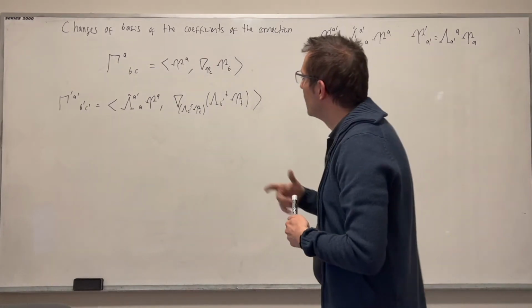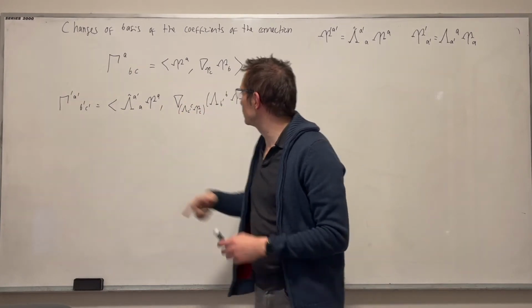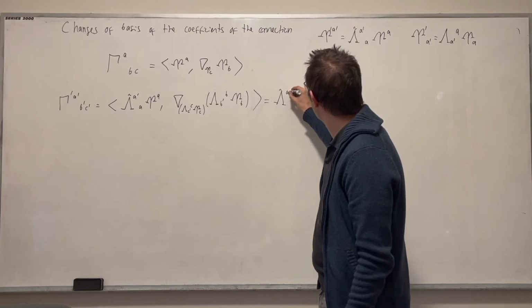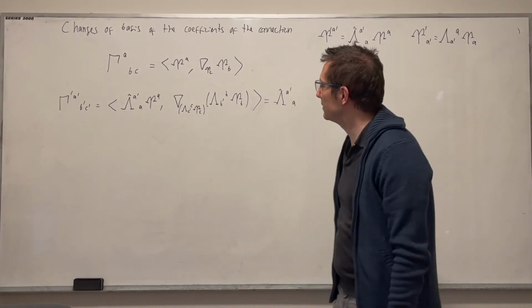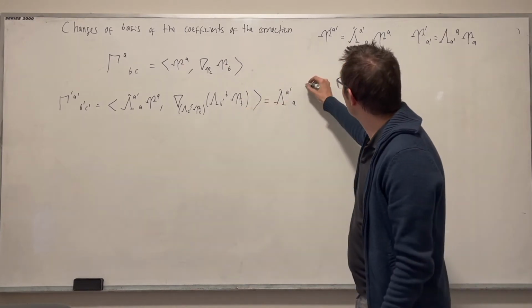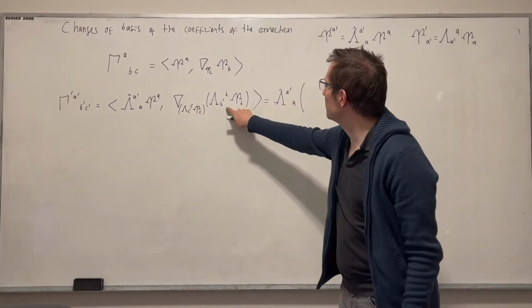Now, I can do two things. From the linearity of the contraction, I can take this one out. That's not a problem. I can take lambda tilde a prime a, all right? And then I can decompose this in two terms, right? The first one, I'm going to use Leibniz rule here.